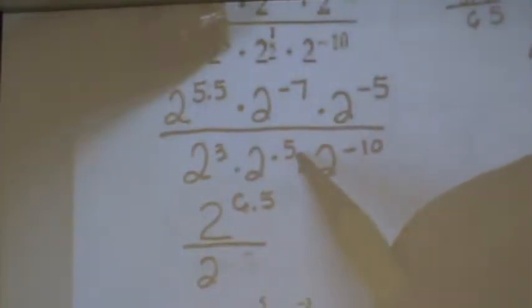So what you're going to do now is bring these two add up to be 8. I'm sorry, that's 0.5. My bad. So 3 plus 0.5 is 3.5. Negative 10, and we have 3.5. So this is going to be negative 6.5.